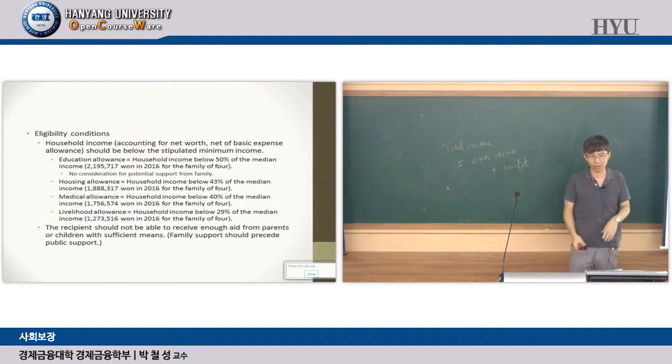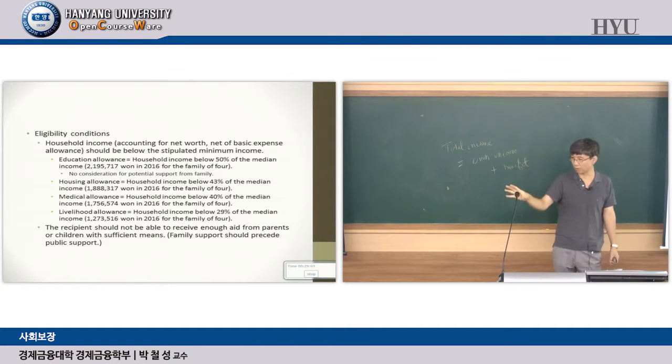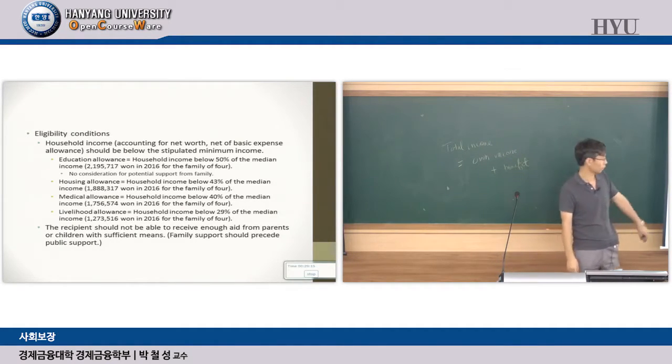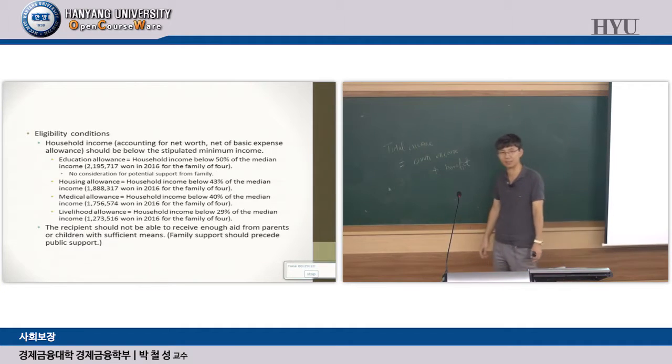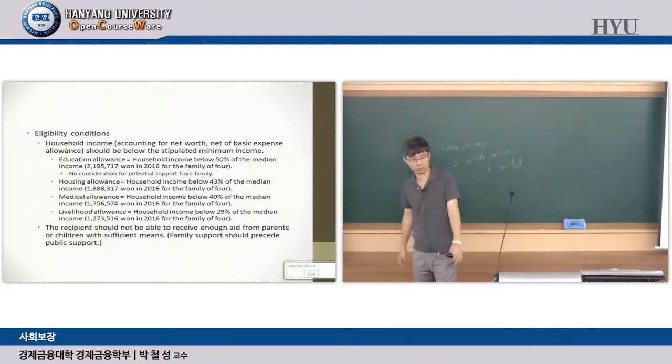Why? Because you have children of sufficient means, so that means you should get support from your children first before you apply for public support. So one way of saying it is the rule says family support should precede public support.